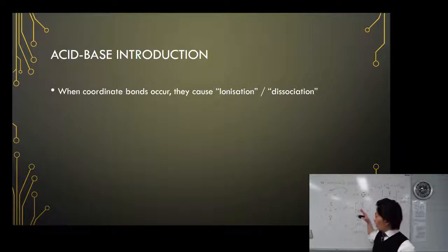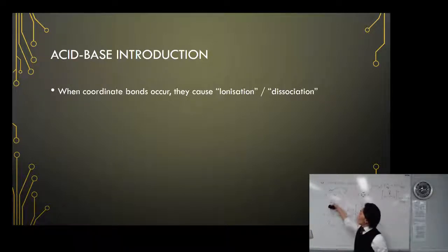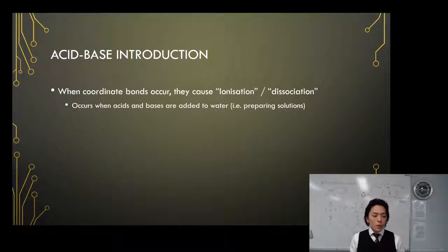All right. When coordinate bonds occur, they cause what's called ionization. What you could see up here, or this one, is exactly the case. This ionization or dissociation occurs when acids and bases are added to water. So acid was added to water.